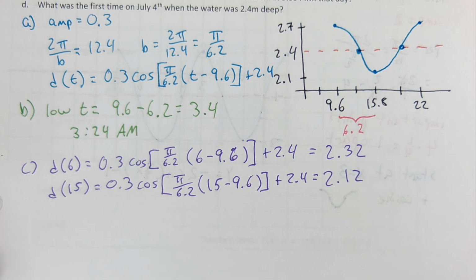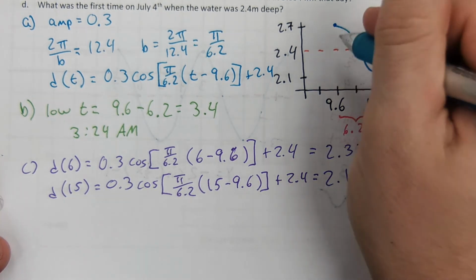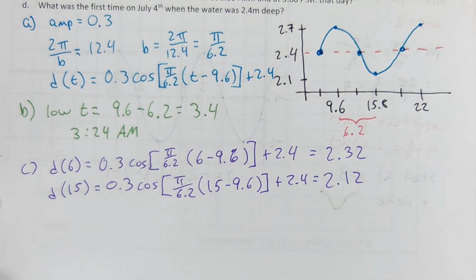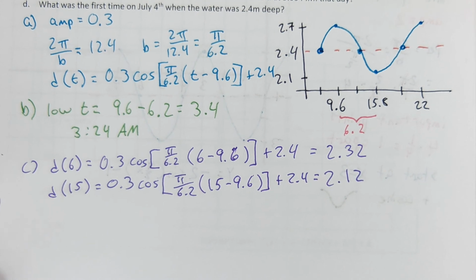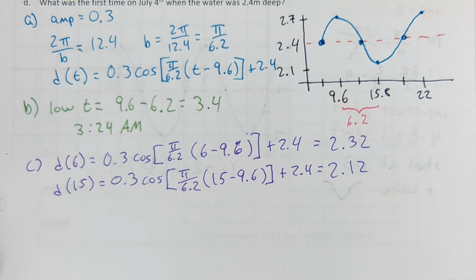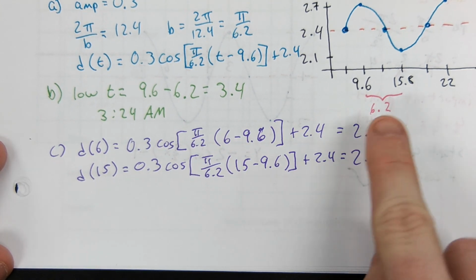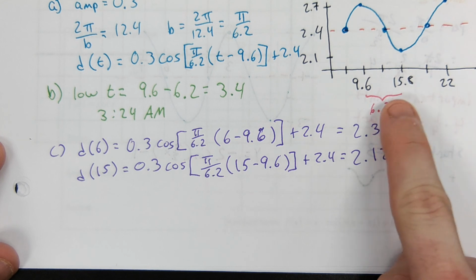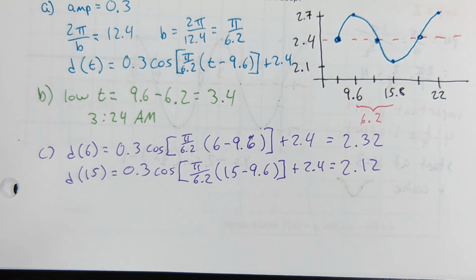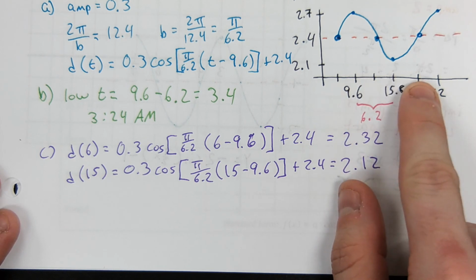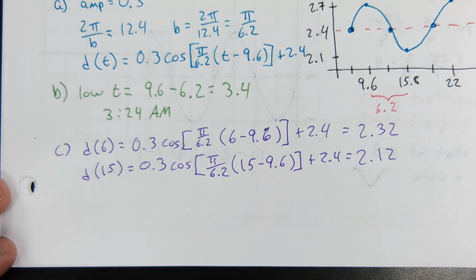It just wants to know, where is that going to happen? Yes, it's going to happen at 9.6 minus 3.1. Because the distance from max to midline is half of the half, or 3.1. So from here, plus 3.1, or minus 3.1.